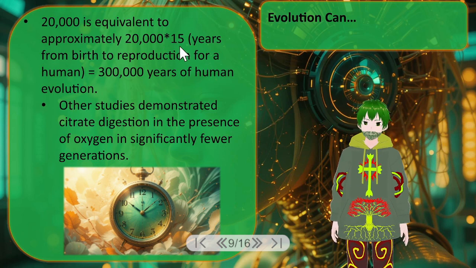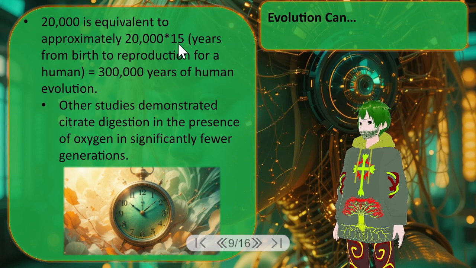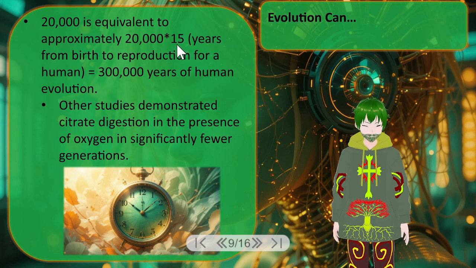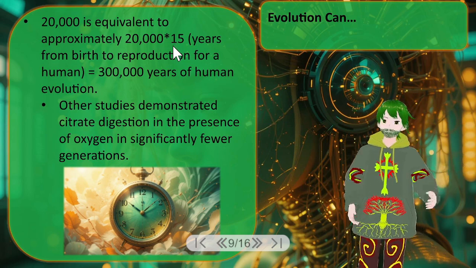So for a female human to be able to give birth to a healthy child and survive the birth, 15, 16 years is probably about the minimum age you're looking at.